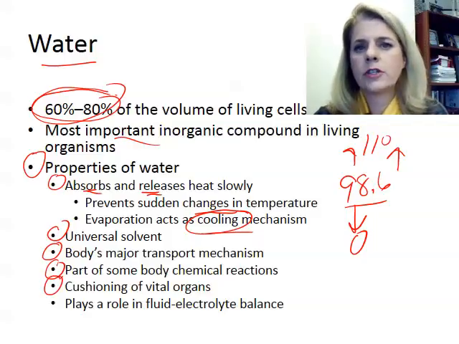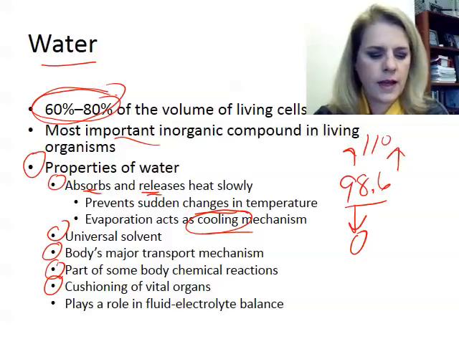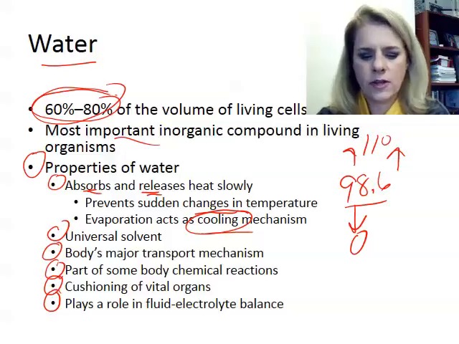We also use it to cushion our vital organs. Most of our organs are sitting in kind of a fluid-filled sac. You may have heard about the pericardial membranes, and your heart's kind of sitting in a fluid-filled sac. That serous fluid that surrounds the heart is mostly water. So it allows some cushioning for your organs. And it also plays a role in electrolyte balance.